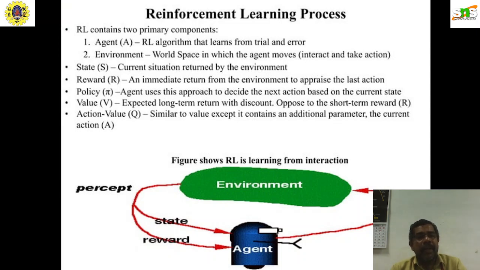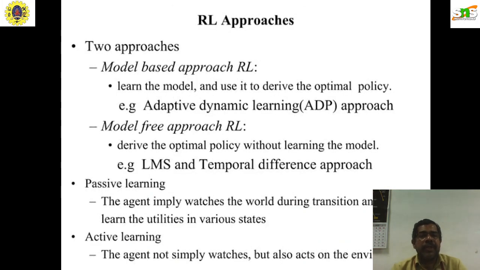So these are all the six parameters that make the environment understandable to the agent: state S, reward, policy, value, action value, and finally the policy. These parameters make the particular environment understandable to the agent.